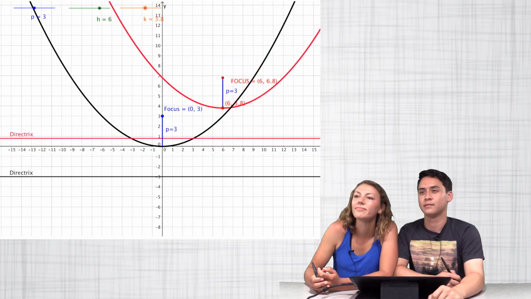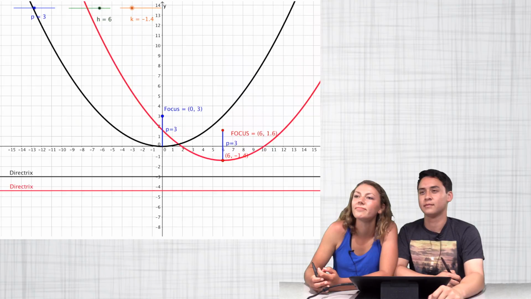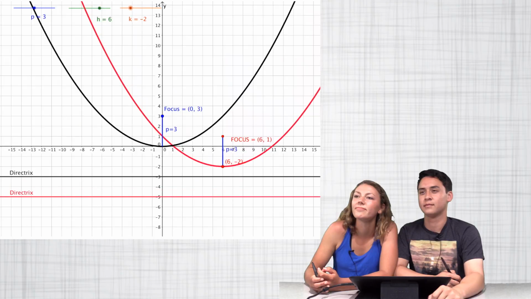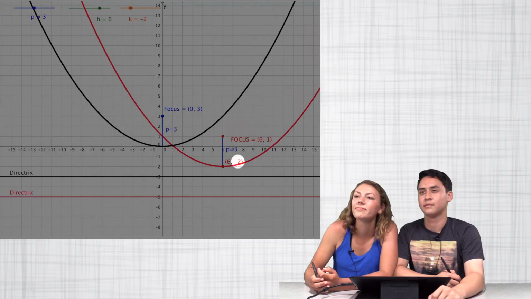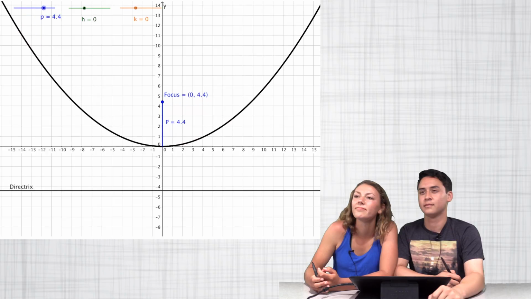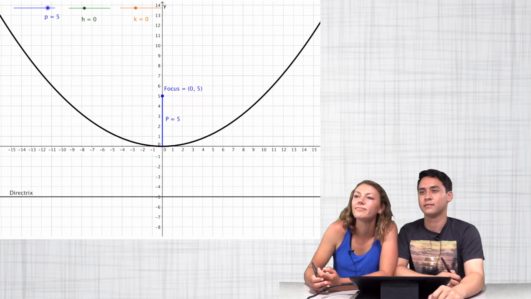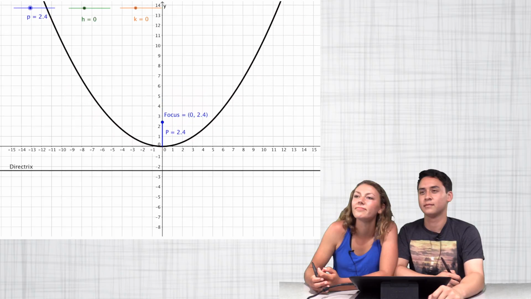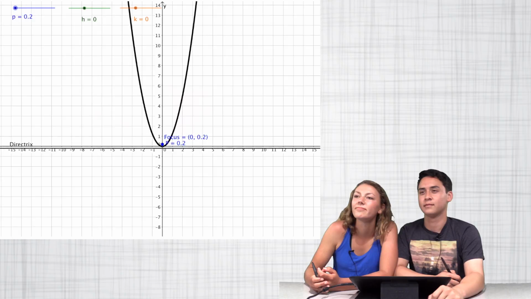So if they decrease the value of K to negative 2, then the y value of the vertex of the new parabola will also be negative 2.